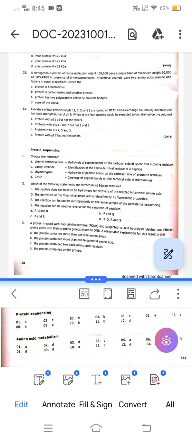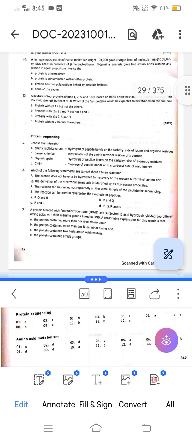Which one of the following statements are correct about Edman reaction? The peptide does not have to be hydrolyzed for recovery of the reacted N-terminal amino acid. Which one is correct?